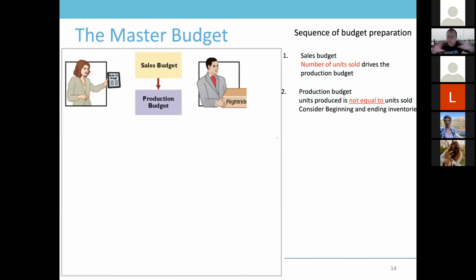In the production budget, you are going to need the number of units sold from the sales budget. At the same time, you have to also take into consideration the beginning and ending inventories, right? Because the difference between the units of production and units sold is reflected in the inventory. If you produce more than you sell, your inventory level will go up, okay? If you sell more than you produce, your inventory level is going to go down.